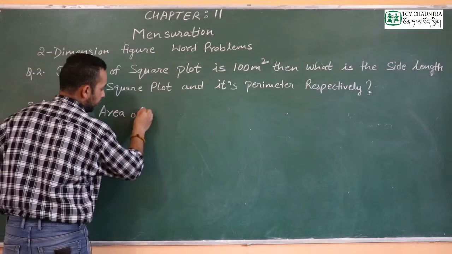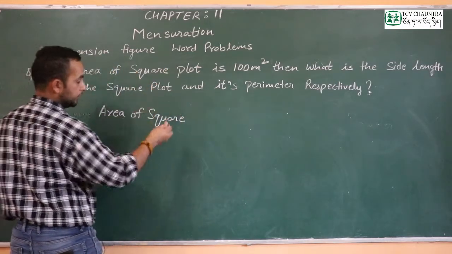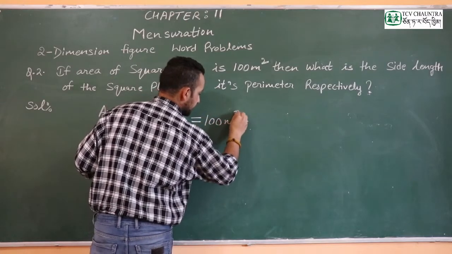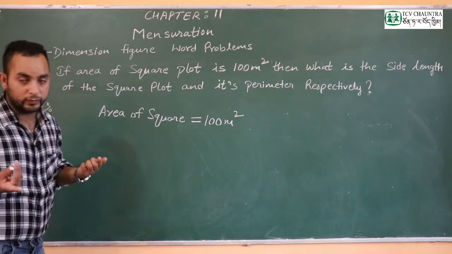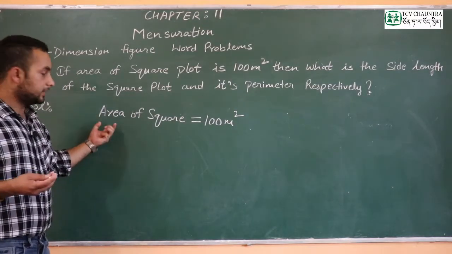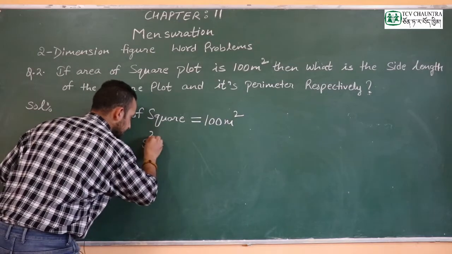So the area of the square, which is given in the question, is 100 meters square. Now what is the formula for the area of a square? I already taught you in the previous class that the area of a square formula is side square.